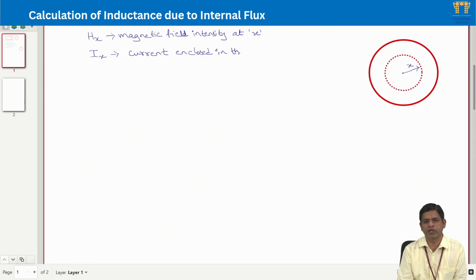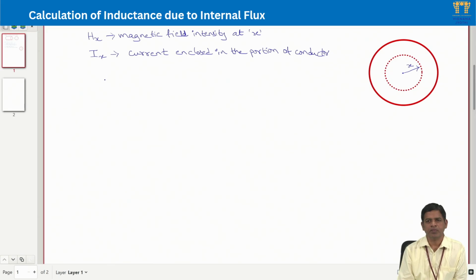So Ix is the current enclosed in the portion of conductor which is represented by this dotted line.